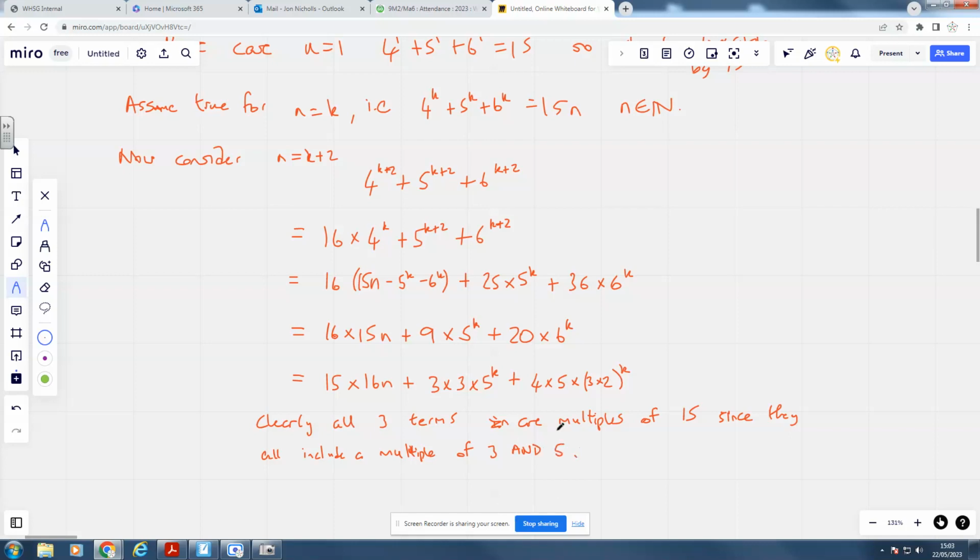Yeah, and therefore it's a multiple of 15. Hence, by induction, 4 to the n plus 5 to the n plus 6 to the n is divisible by 15.